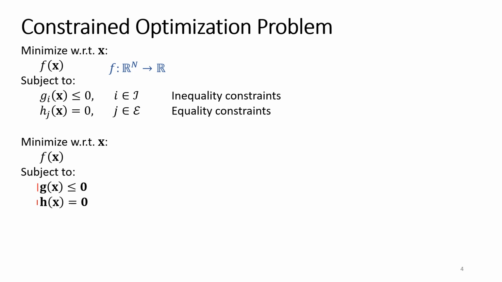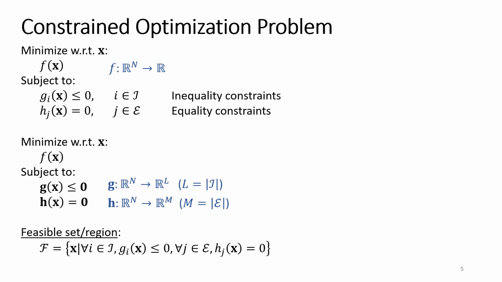The inequality constraint is bold G(x) less than or equal to 0, where G is a mapping from n dimensions to L dimensions, where L is the cardinality of the set of inequality constraints. Likewise, bold H is a vector function, a mapping from n dimensions to m dimensions, where m is the cardinality of the set of equality constraints.